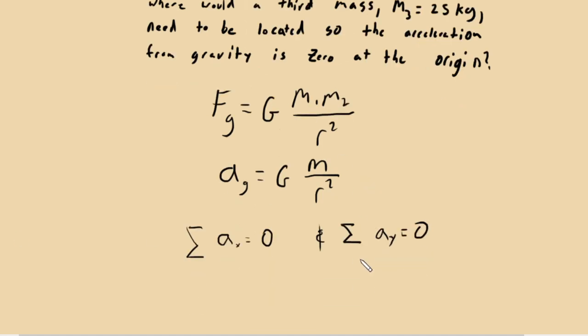So we're interested in the sum of accelerations in the x direction equaling 0, because we don't want it to move there, and the sum of accelerations in the y direction equaling 0.